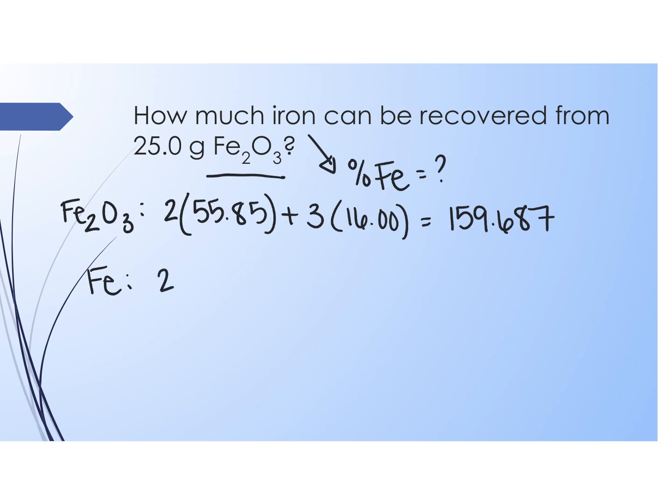So make sure you take 2 times the mass of iron. Okay, so what's 2 times 55.85? 111.7. We'll divide that by the total mass, and then we'll multiply it by 100.